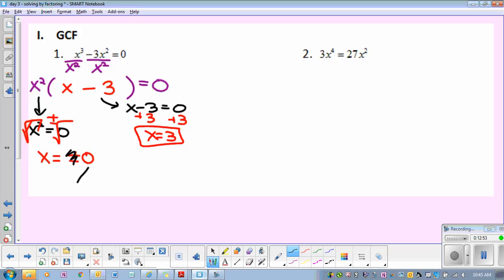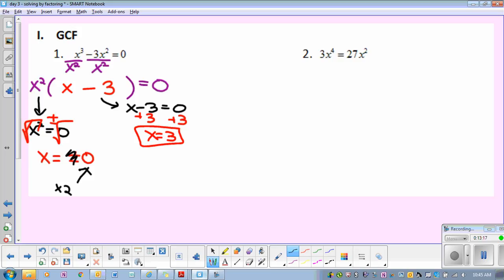But I would make a note. How many are there? There are 2. Okay? There are 2 zeros here because it came from an x squared. Does that make sense? It came out of an x squared, so that means I have x equals 0, x equals 0. So I'm just going to put times 2.